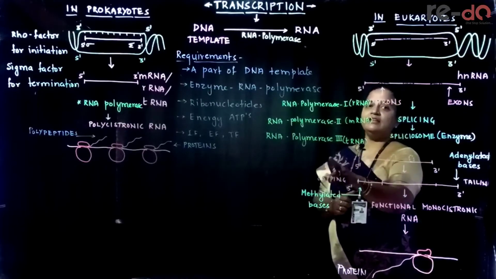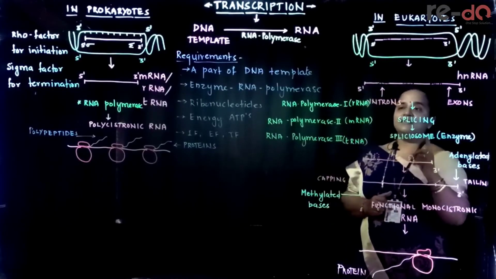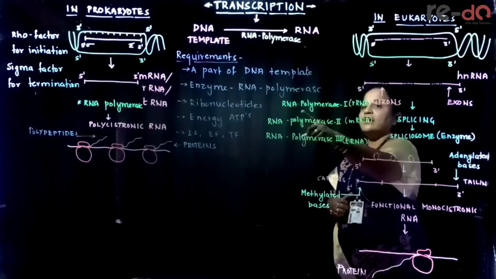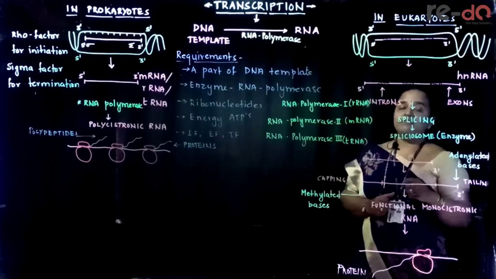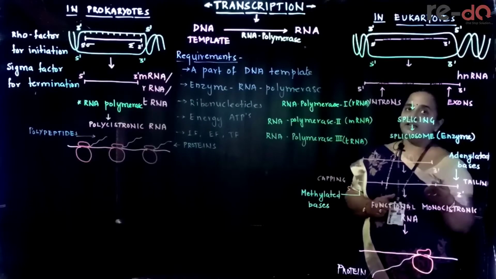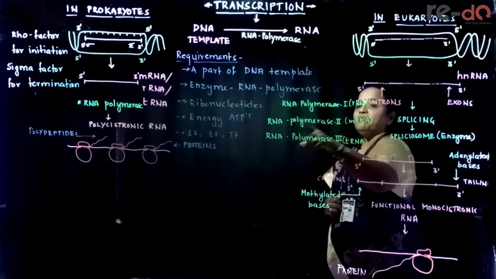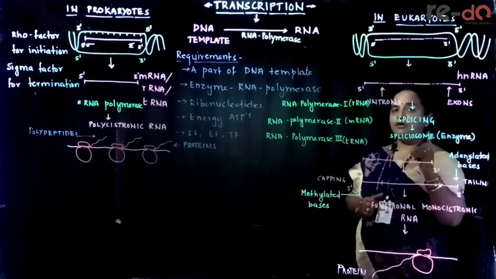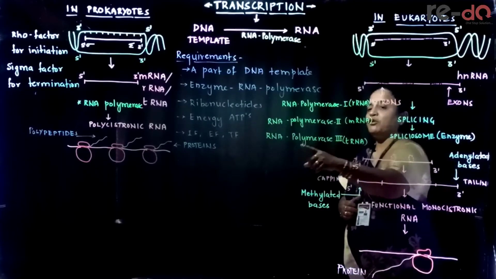I have specified here. If there is a production of rRNA, then which enzyme is necessary? RNA polymerase 1. Whenever there is a synthesis of mRNA going on, RNA polymerase 2 will catalyze the activity. And for the production of tRNA, RNA polymerase 3.